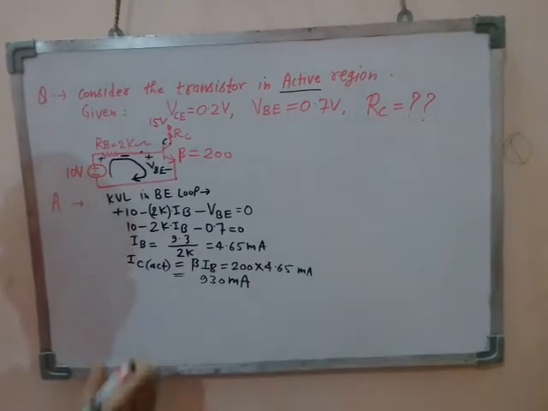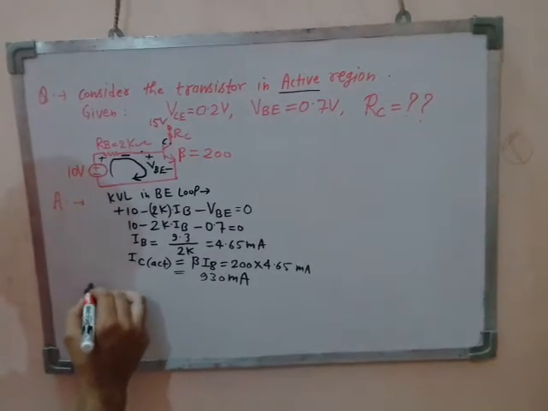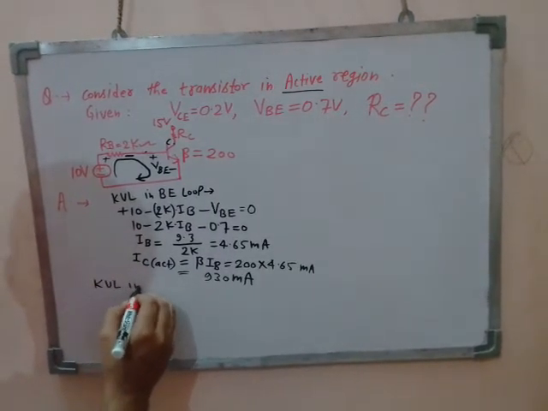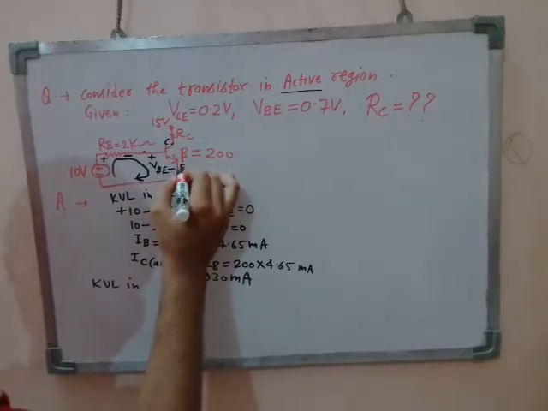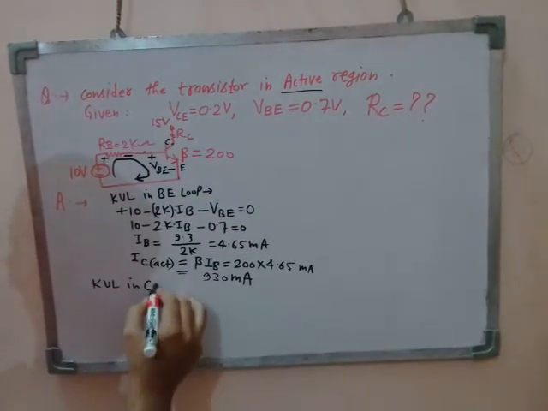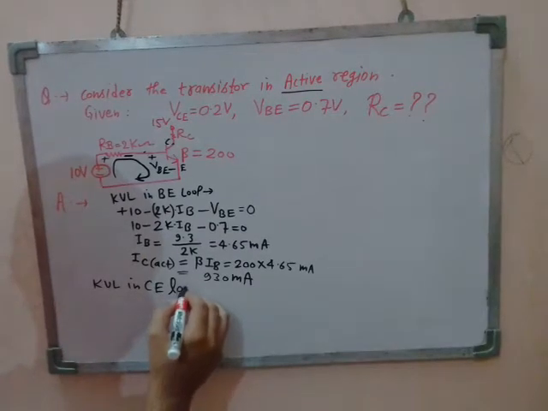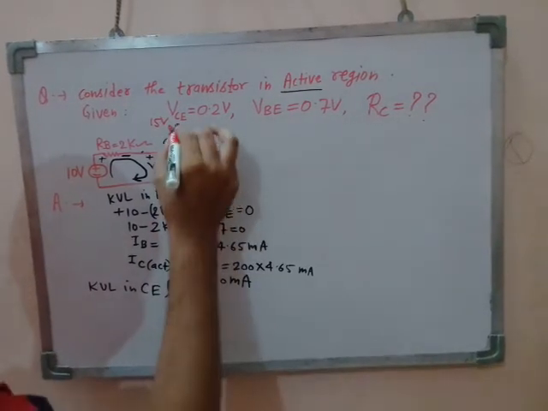Now I am going to apply Kirchhoff's voltage law in the collector to emitter loop, the CE loop. This is the collector and this is the emitter.